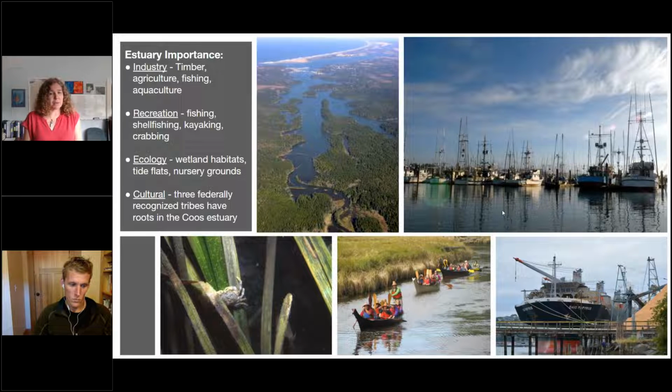This group is composed of county and city planners, natural resource managers, tribal representatives, development and conservation interests, so a whole suite of different interest groups. And the goal is really to work together to understand local watershed conditions and address the Coos Estuary's capacity and resiliency to serve the economic, the ecological, and the social needs for present and future generations.